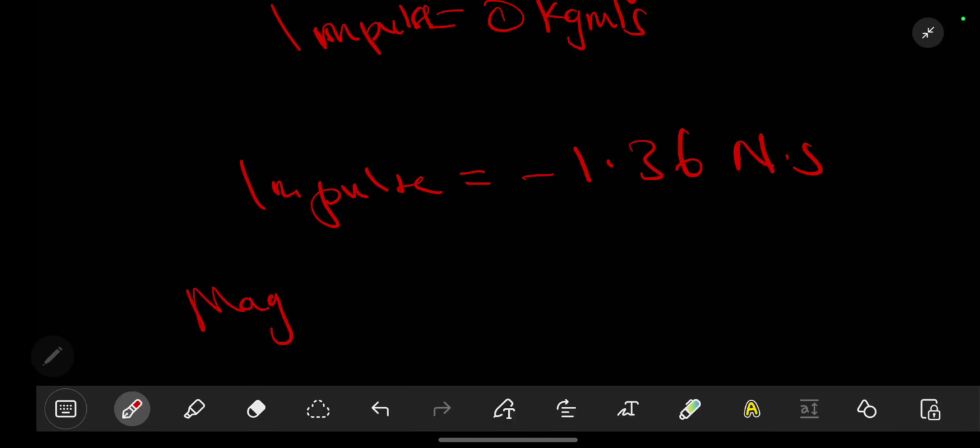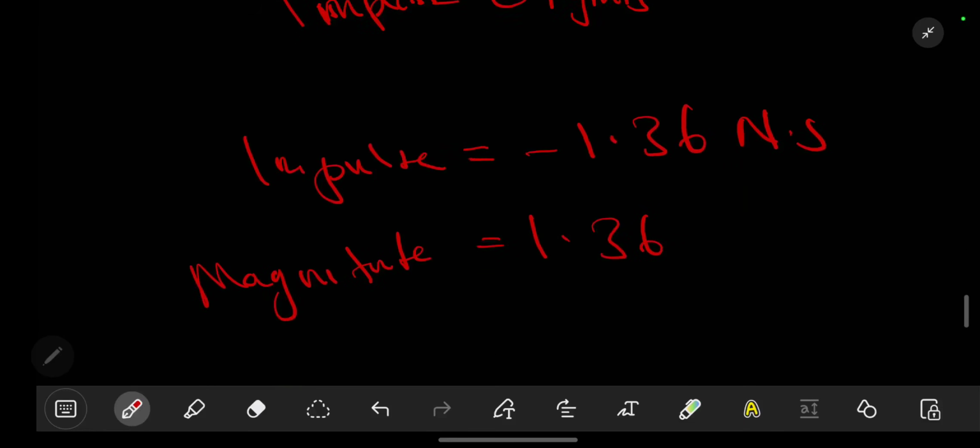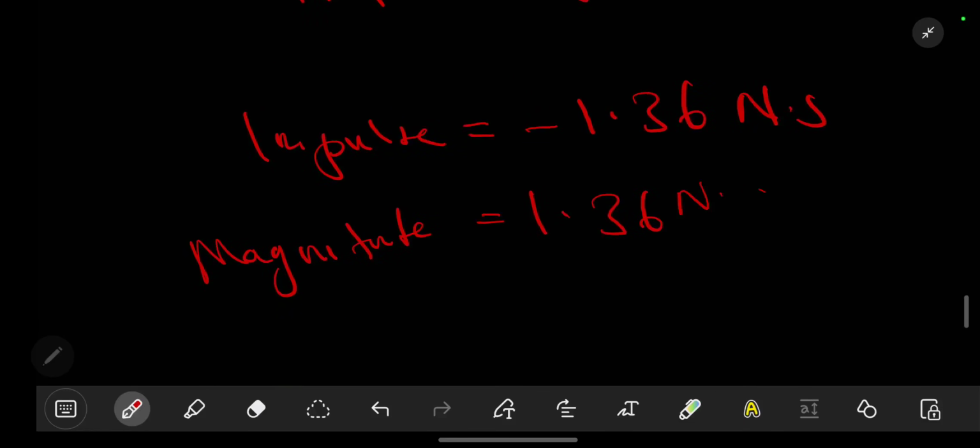Then the magnitude of the impulse, you just remove this sign and say it will be equal to 1.36 Newton second. So that's the magnitude. You can even include the fact that you say it is in the opposite direction.